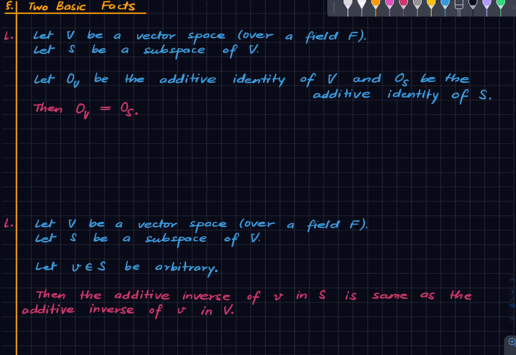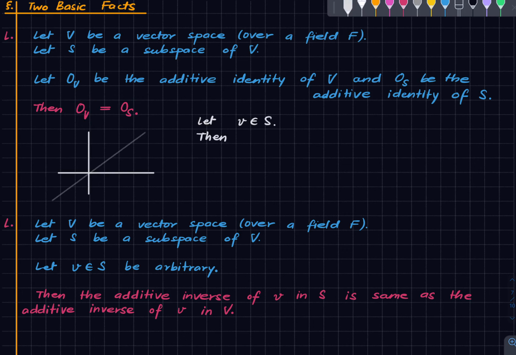Just like in the R2 example, you take any line passing through the origin. The additive identity of this line is this point, and of course the additive identity of the entire R2 is also this point. This is not a mystery. Basically, let v be in the subspace.